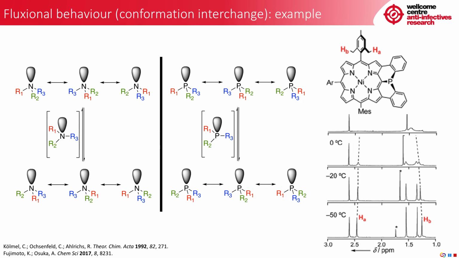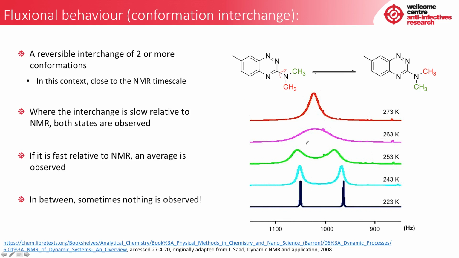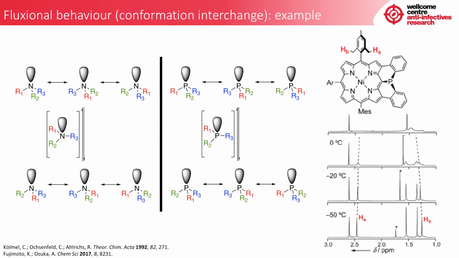So that example involves rotation around a bond, but you can also have an inversion around an atom. So if we take an amine with three identical groups, and here we have an arrangement that goes 1, 2, 3. Now we can rotate that easily around this axis here, and we can have 3, 1, 2 and 2, 3, 1. However, rotation can't get us to 2, 1, 3. So if we try and rotate this group one further towards this here, we end up back at 2, 3, 1.